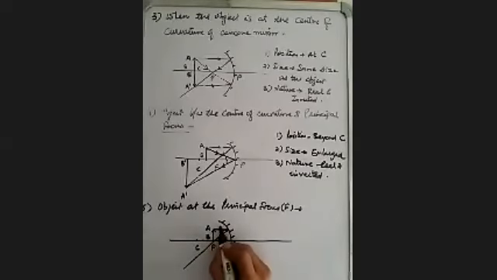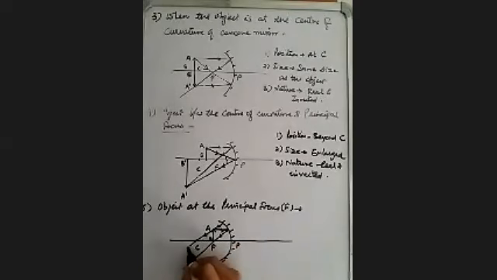It is incident in such a way that it seems to be passing through the principal focus also. This is the ray which is incident, and it will be reflected back along the same direction.